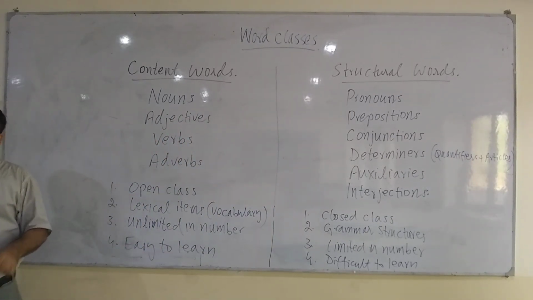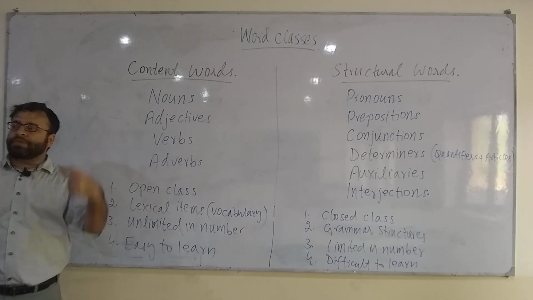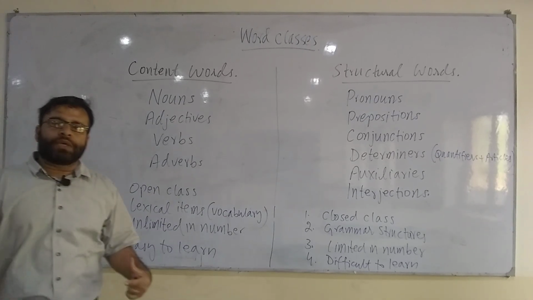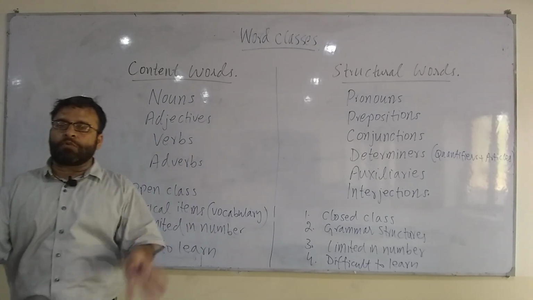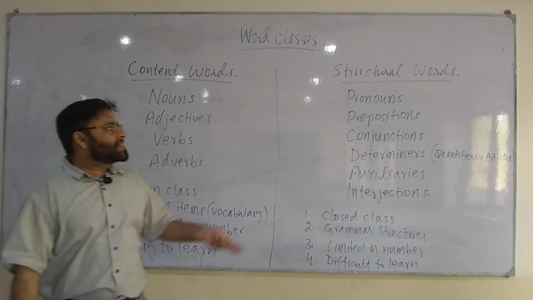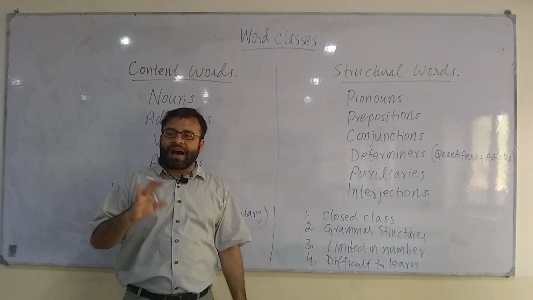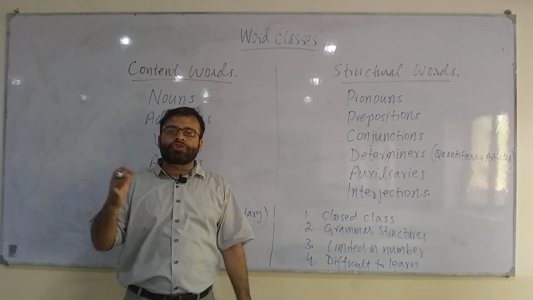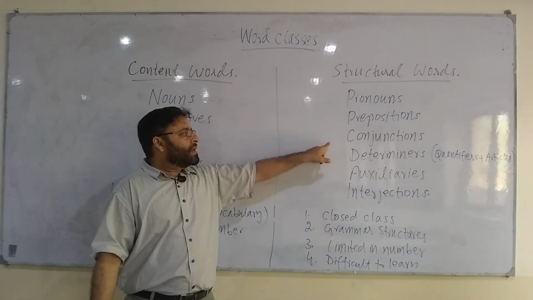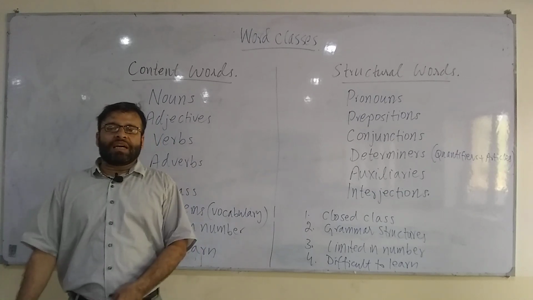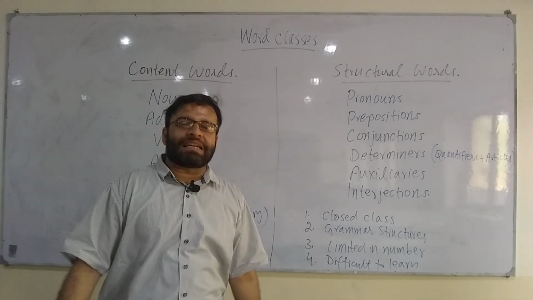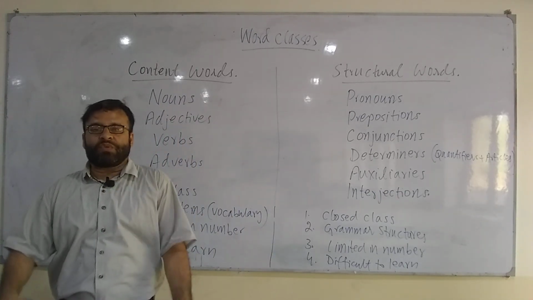Content words, once you see a word, you know its meaning, its part of speech, and then you use it. It's easy to learn. Whereas the structural words are sometimes very complicated to learn. For example, conjunctions. The conjunction yet, sometimes it's confusing where to use it.